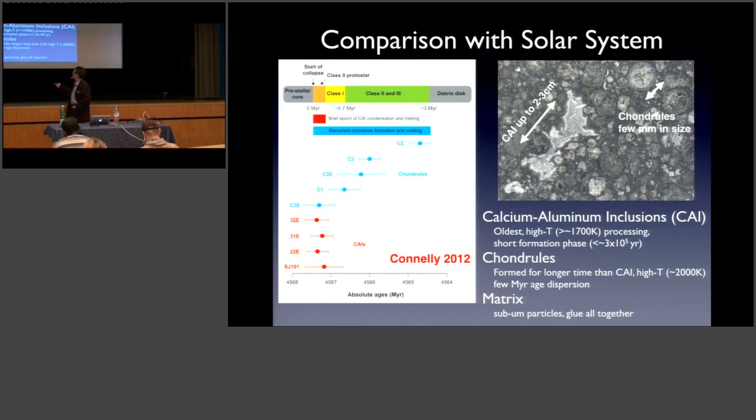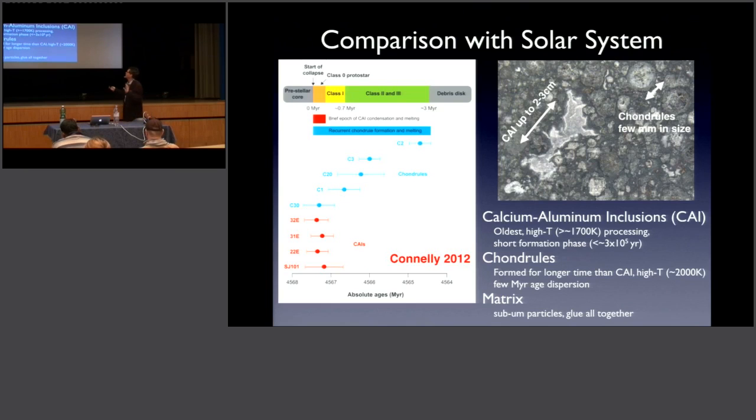And the dating, this is the plot from the reference of 2012. So there are fewer measurements than the one that I showed at the beginning of the week, but the concept is the same. You have the CAIs, so these calcium aluminum rich inclusions that are all born together or formed together, essentially in a very short time scale. And this short time scale is consistent with the time scale between class zeros and class ones, roughly speaking, okay?